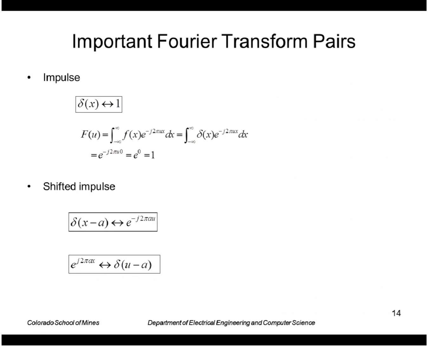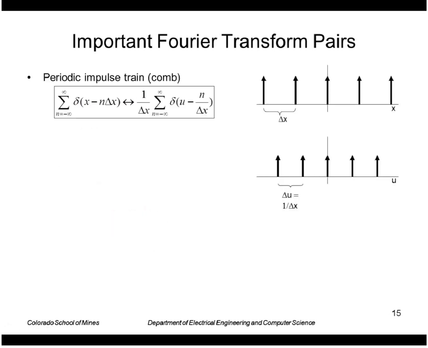An impulse transforms to a constant. You can see that just by plugging in the impulse into the Fourier transform definition, as well as a shifted impulse transforms into a complex number. Finally, we're going to see the use of, this is kind of handy, the function that's a series of impulses, or a comb function because it looks like a comb.